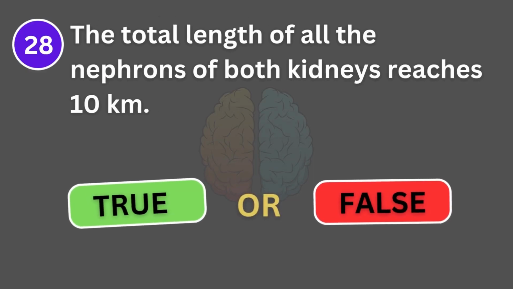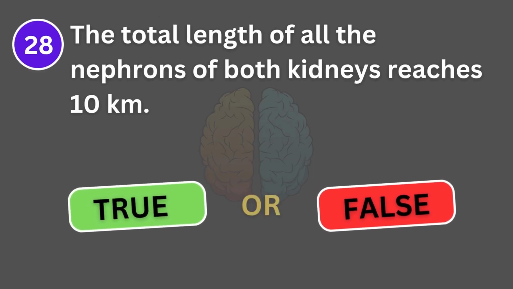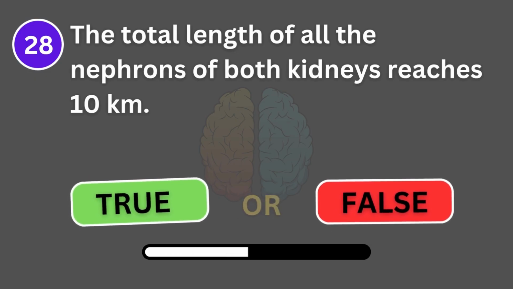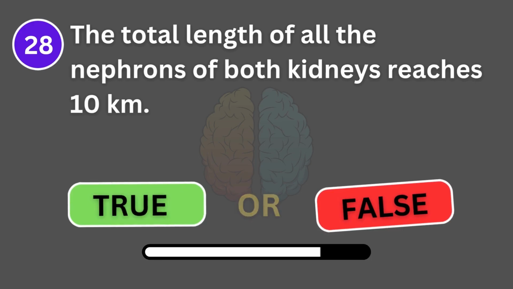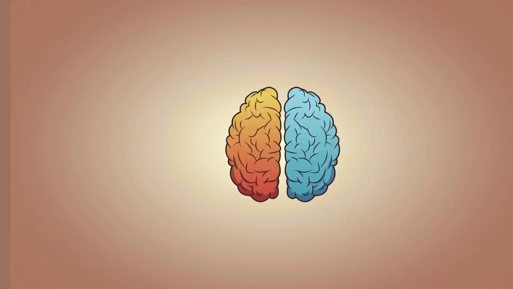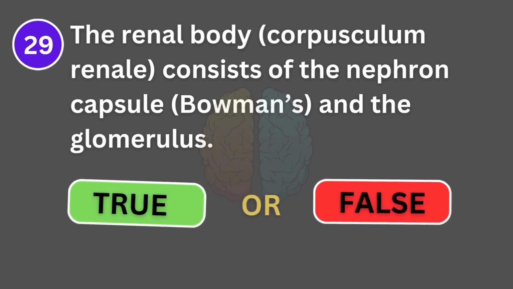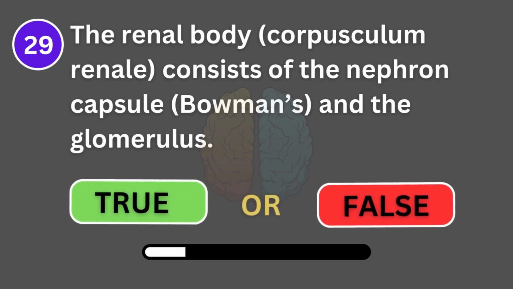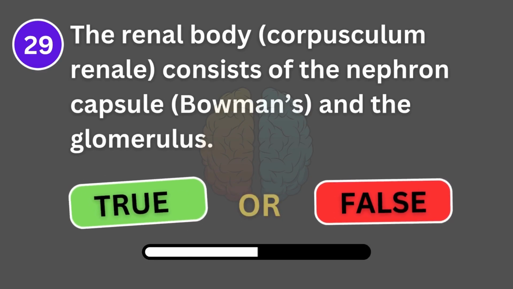The total length of all the nephrons of both kidneys reaches 10 kilometers. The renal body, corpusculum renale, consists of the nephron capsule, Bowman's, and the glomerulus.